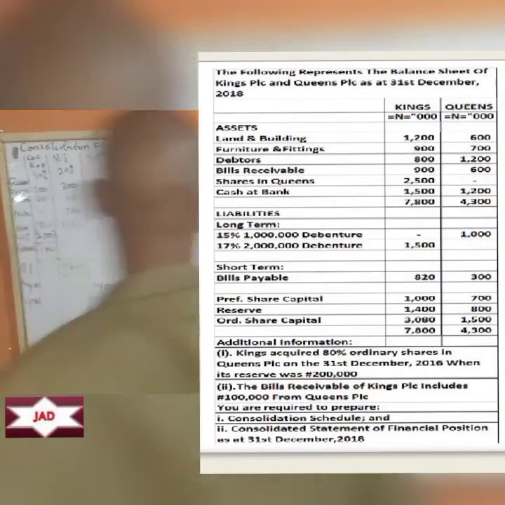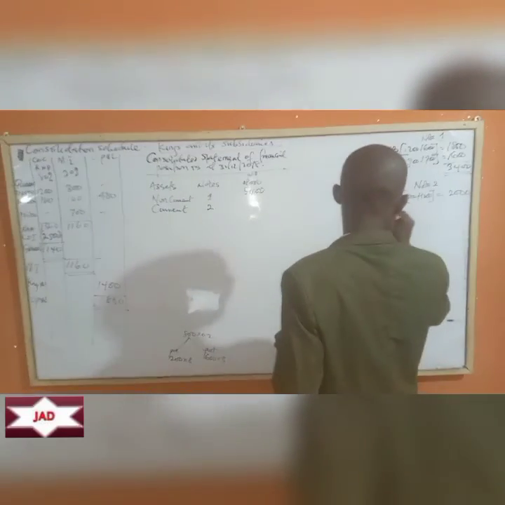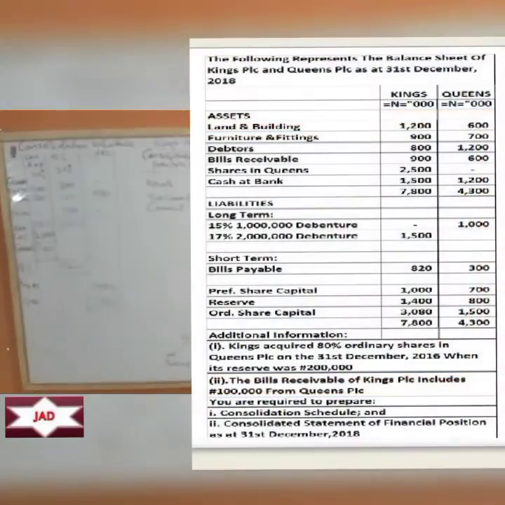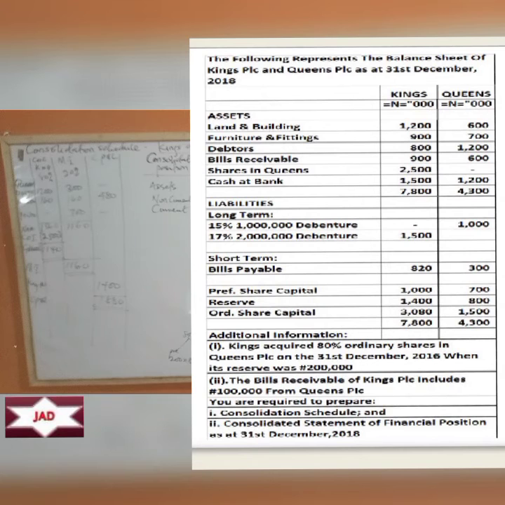Bills receivable. Any note on bills receivable? Yes. Look at what they said here. The bills receivable of King's PLC includes 100,000 from Queens.